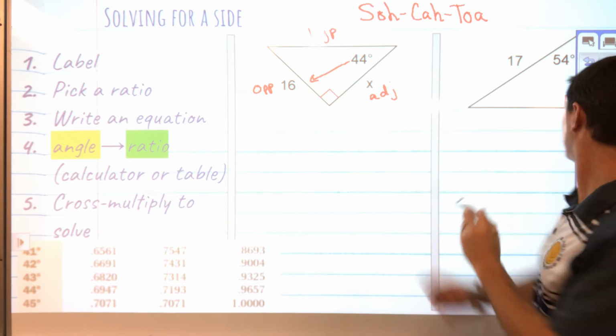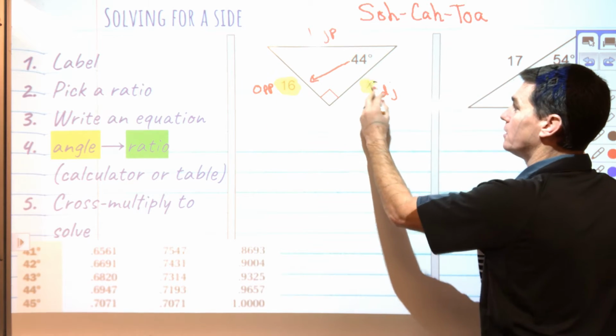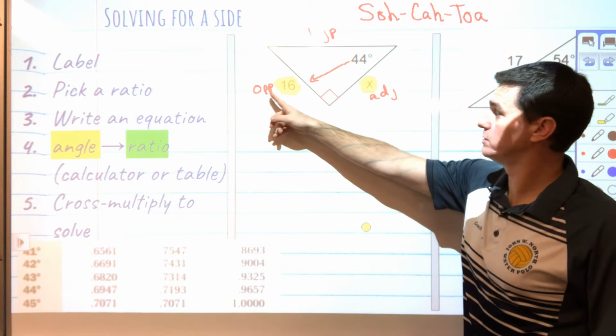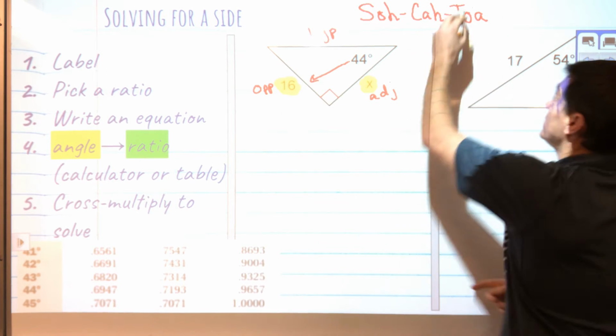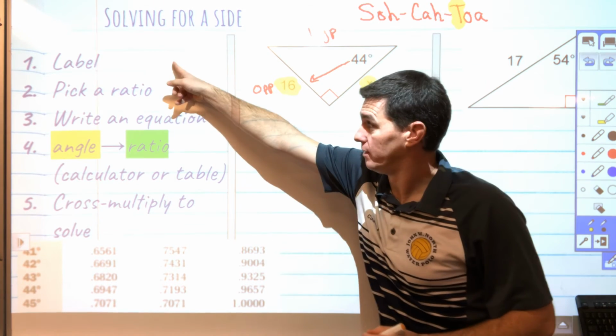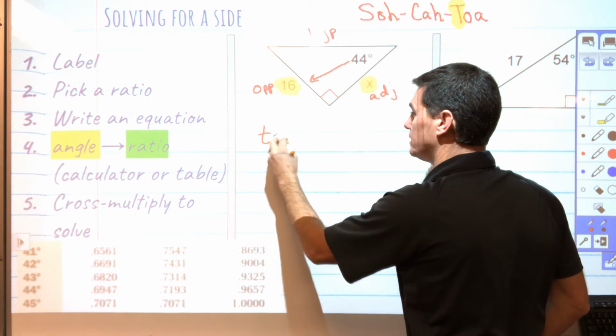All right, when we look at this problem, the only two that we have information about are the 16, and we want to know the x. And so I'm using my opposite and my adjacent. Opposite and adjacent leads me to tangent, okay? So label, pick a ratio. My ratio is tangent.